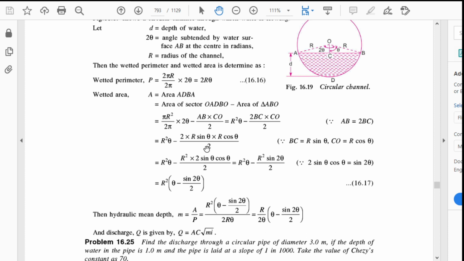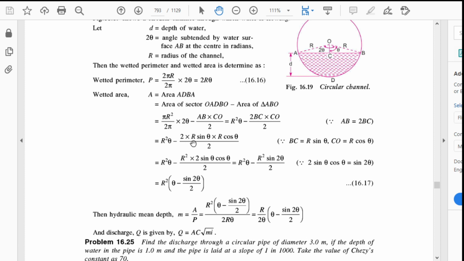This 2 will not get cancelled because we need this in the whole formula, so keep it as it is.